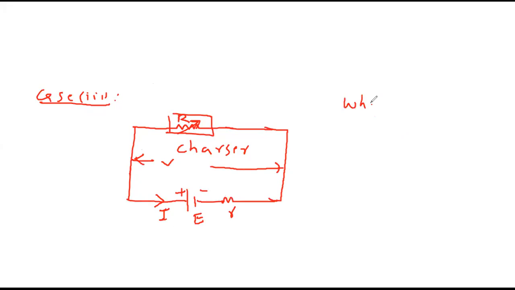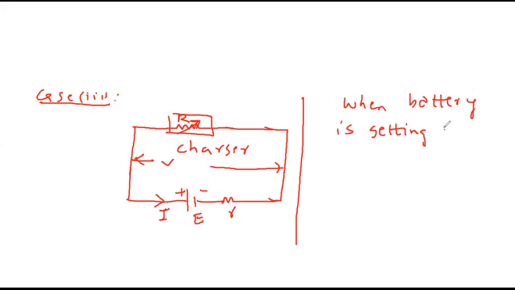When battery is getting charged, then the outside voltage V is taking care of the battery plus its internal resistance.